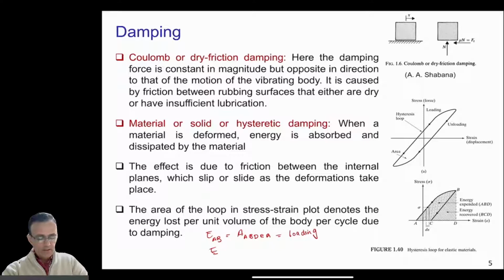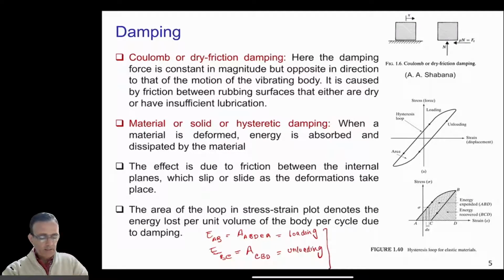In case of unloading, which is BC, when you unload the body from B, it will just follow this path here, and the area under the curve is just this triangle here. So then the area of triangle CBD is the unloading.